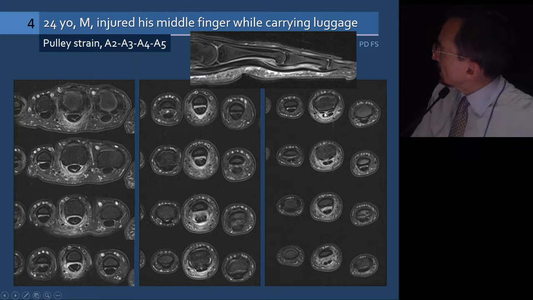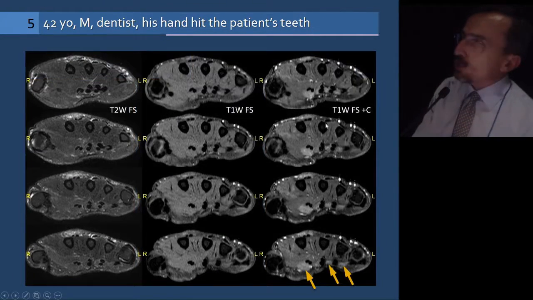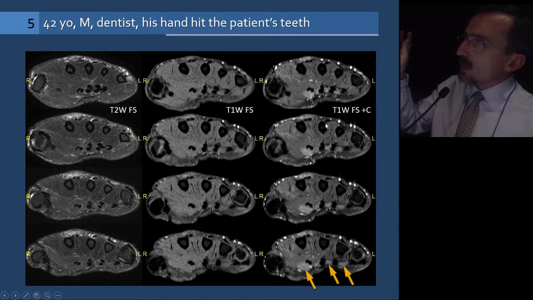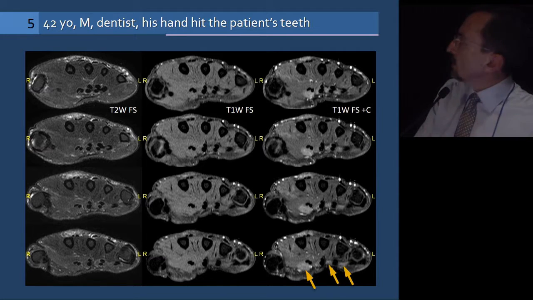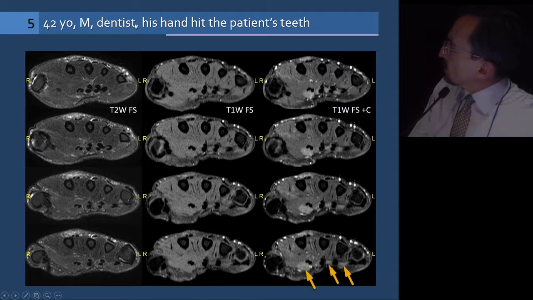And more distally, there is some tendon sheath fluid here, because apparently there is some restriction of the motion of the fluid there. But otherwise, there was not much tenosynovitis, but rather some surrounding soft tissue edema in the form of pulley strain. So this patient actually is a dentist, and his hand apparently hit the patient's teeth.